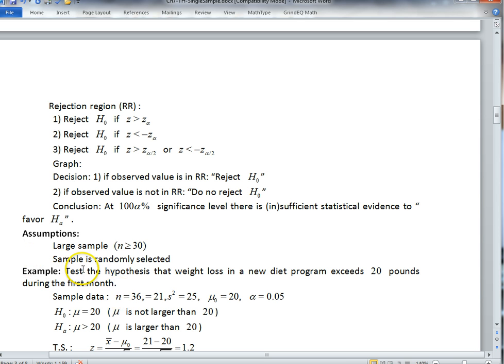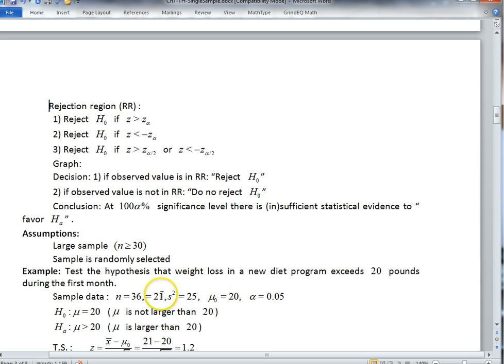So you collect a sample of 36, which means you test that product on 36 patients, and that's X bar. You find out the sample mean is 21 pounds, a little bit more than 21.